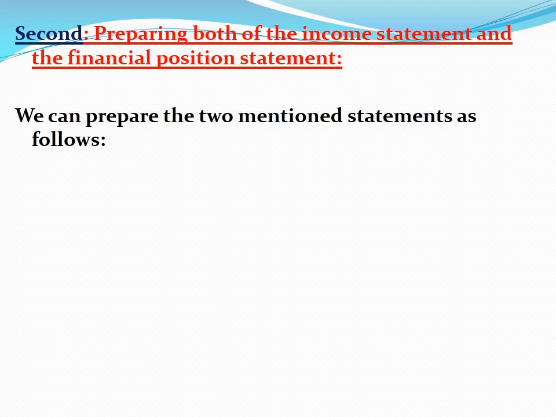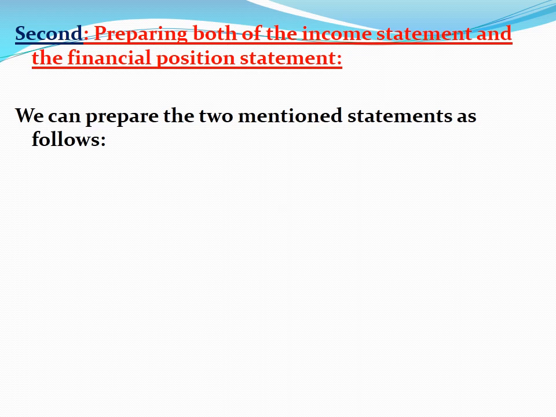Second step: preparing both the income statement and the financial position statement. We can prepare the two mentioned statements as follows. You will get all the new balances prepared just now in the first step regarding revenues and expenses to affect the income statement with the distributions at its end.